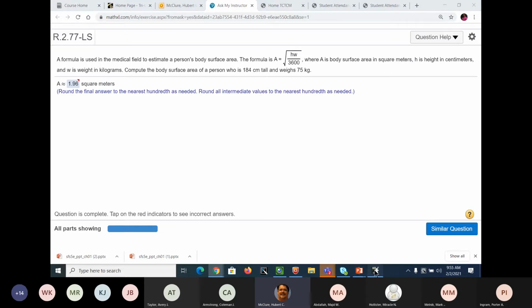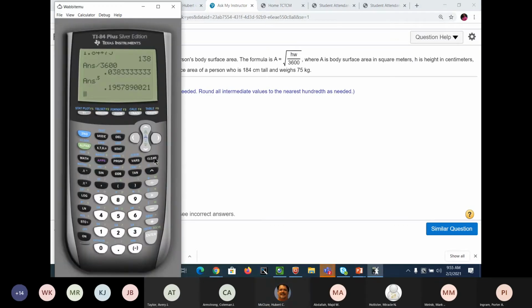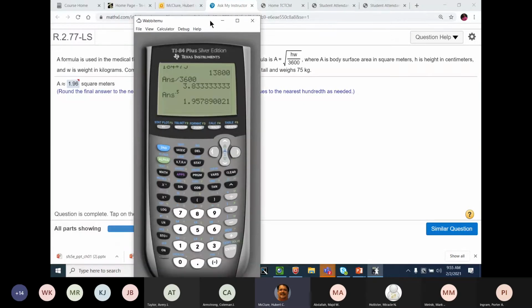So I'll do it again. 184 times 75 divided by 3600 and raise that to the 0.5 power. There you go. So 1.96. So that was just plug and chug.